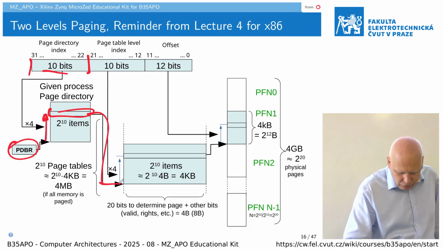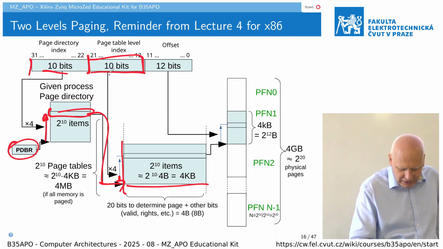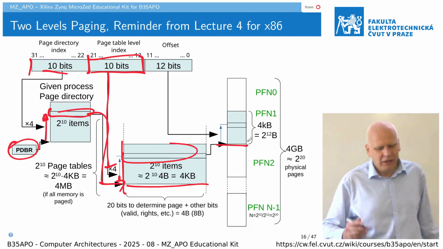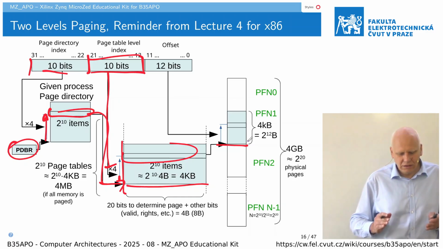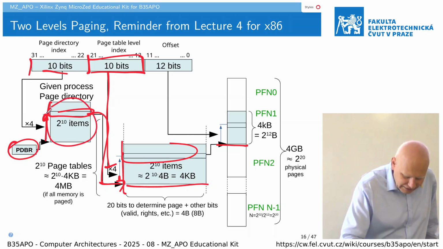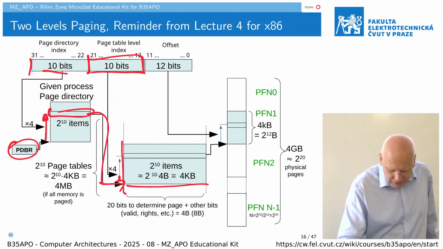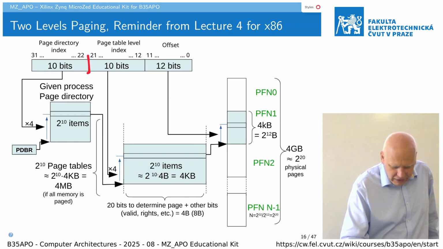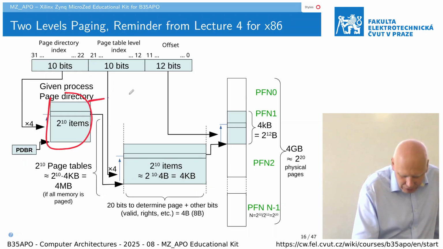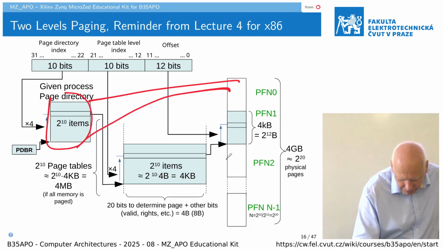We get to the base of the second level of the page table, again at the index formed by the next 10 bits, and we get the base address of the page in physical memory. Again, to highlight for you, those data structures, those page tables and so on, are not a separate memory, but are allocated somewhere in the main memory.